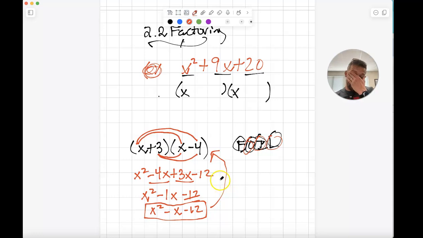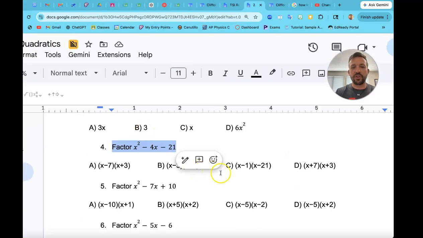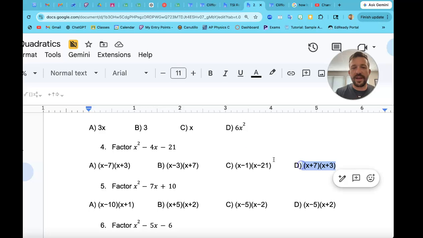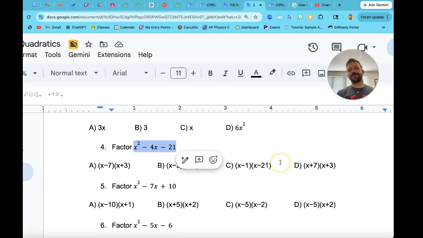And you might be wondering, how are we going to do that? Well, one thing you can do, since it's multiple choice, is FOIL or distribute all of these until you find the one that comes out to be the correct answer.